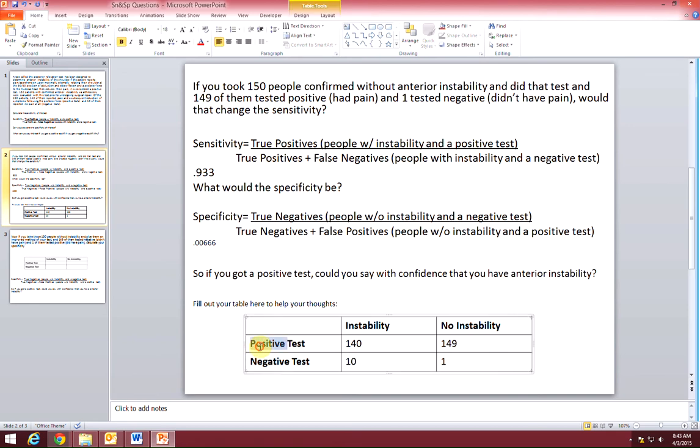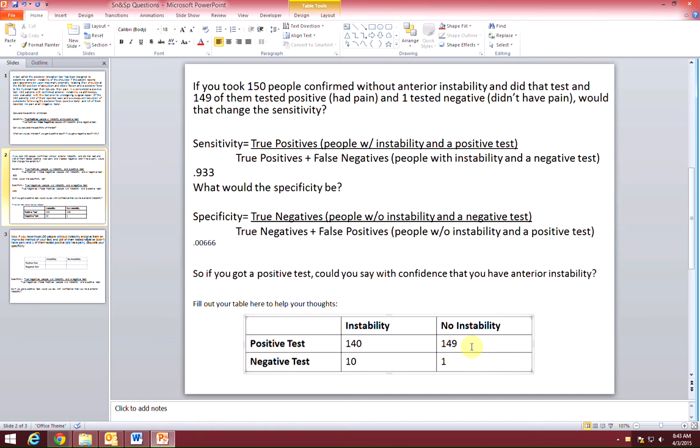Here's a positive test. Sure, we correctly identified everybody who does have instability, but we falsely identified everybody who does not have instability as having the pathology. And that's why you can't say, just because you have good sensitivity, just because I was really good at giving positive tests to everybody who does have the pathology, that doesn't matter, because if I look at positive tests across the board, I have to consider my specificity, and my specificity has a ton of false positives.